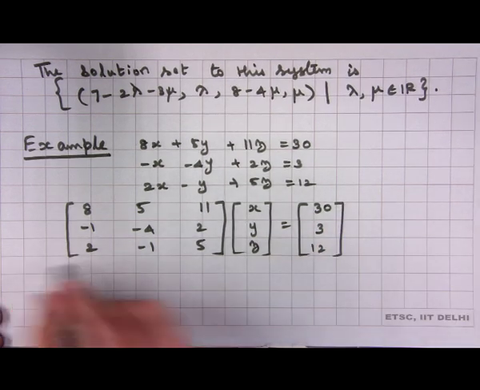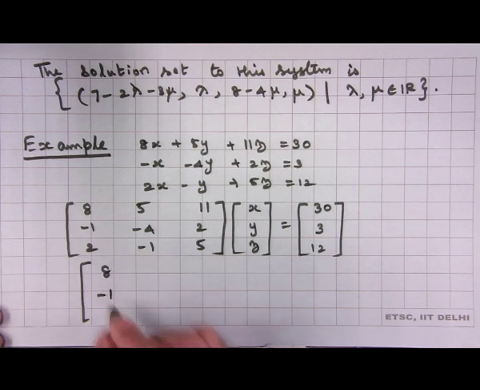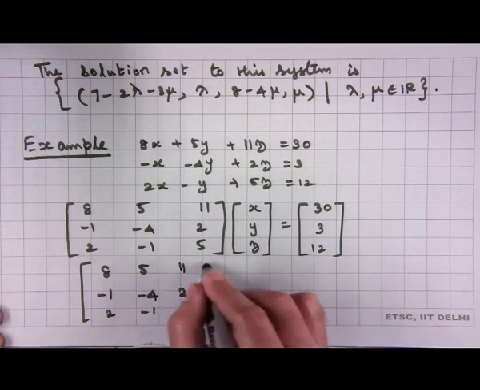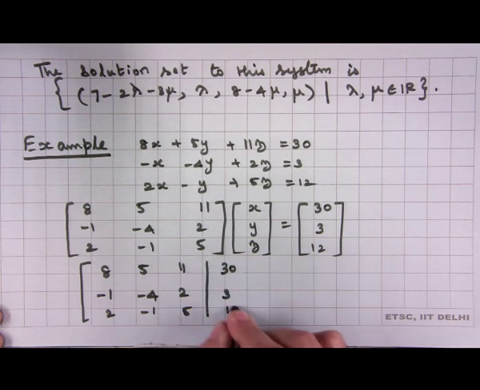So the augmented matrix in this case is 8, minus 1, 2, 5, minus 4, minus 1, 11, 2, 5 augmented with 33 and 12.